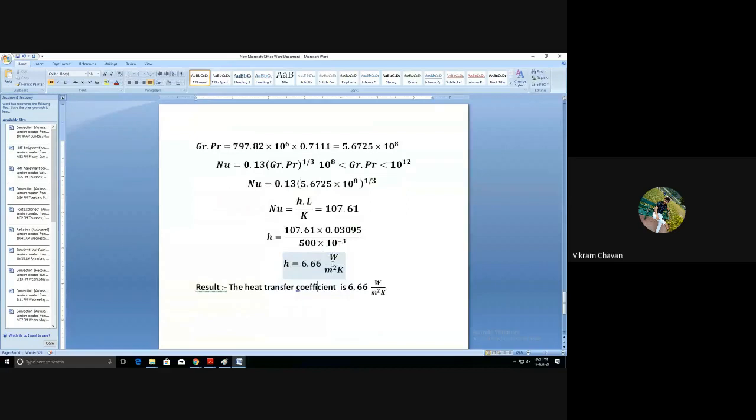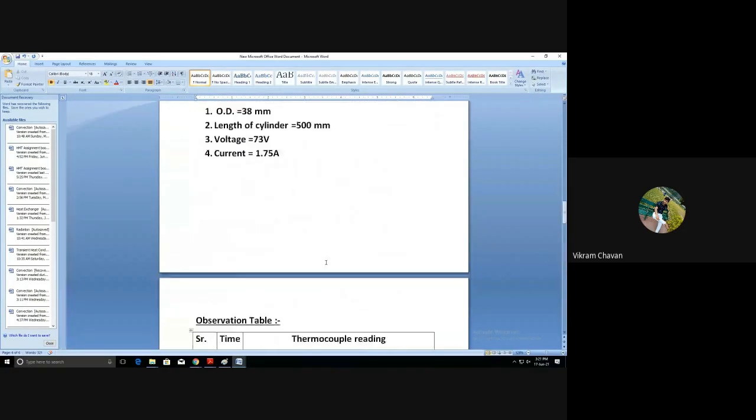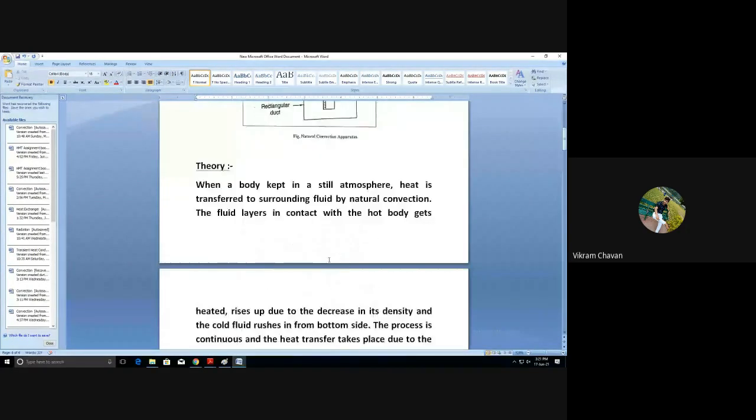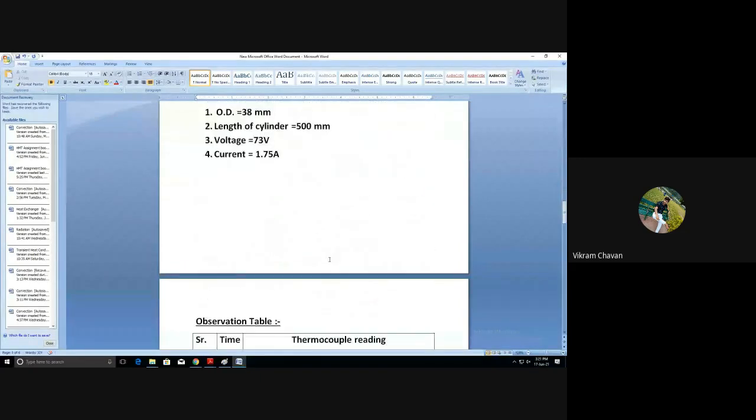We have done the performance and the calculation part also, and I will share the write-up for you: the diagram, some explanation and the calculation part. You have to write that and share it. For experiment number 2 and the third, I have already shared them for A division.